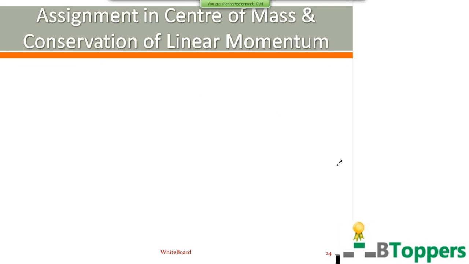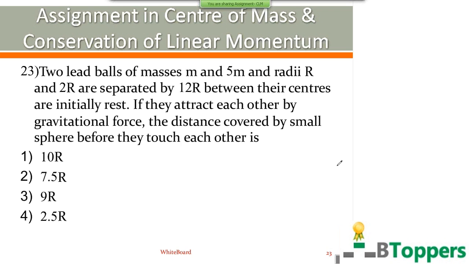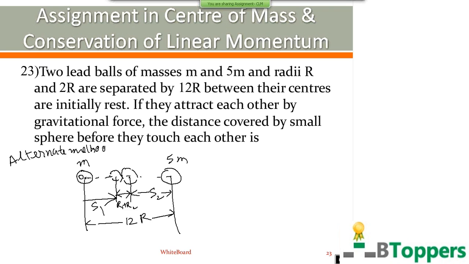I would like to next discuss the alternate method for this question number 23. So I am discussing the alternate method for the same question number 23. Let O be the initial center of the first sphere, taken as the origin of the coordinate system, with mass m.